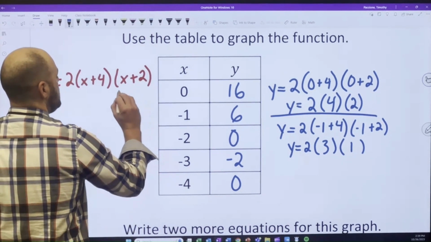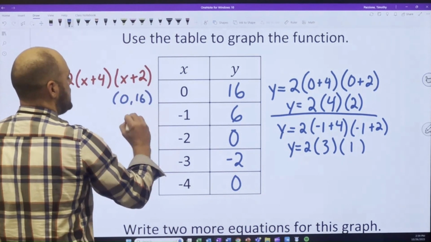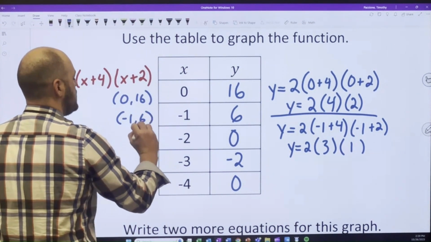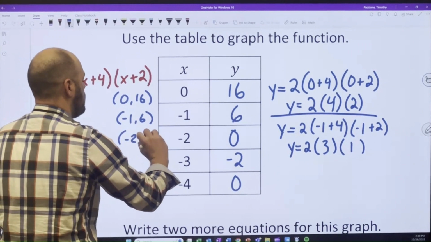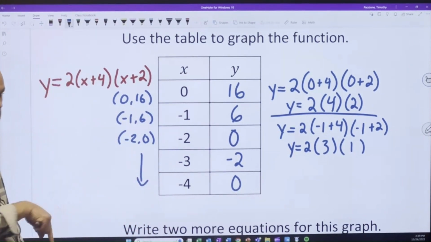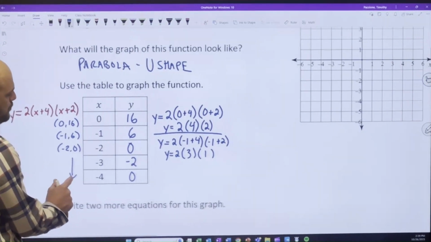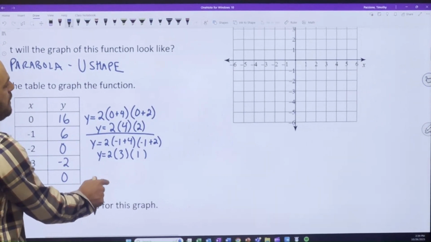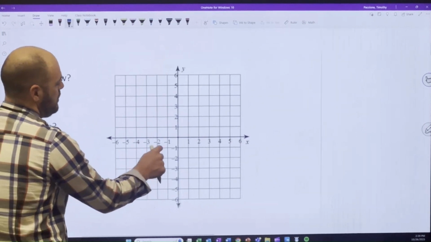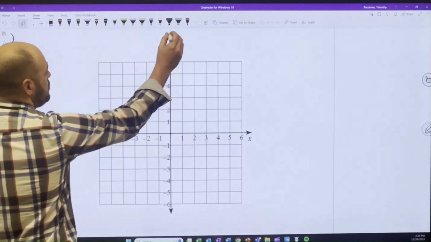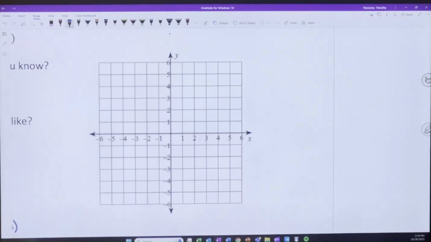This is 0, 16. This is negative 1, 6. This is negative 2, 0, and so on. These are all points. That's why we do these, so we can add them to the graph. So we're going to do that. Now, 0, 16, well, that's off the graph. It's way up here. So, oh well.